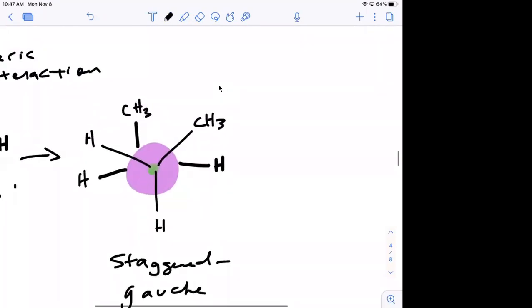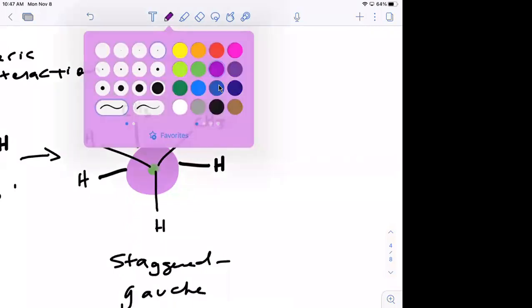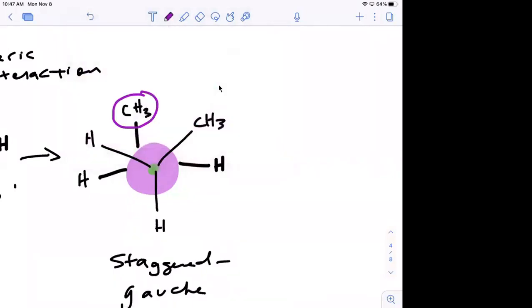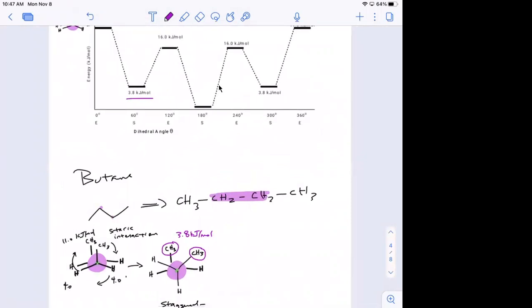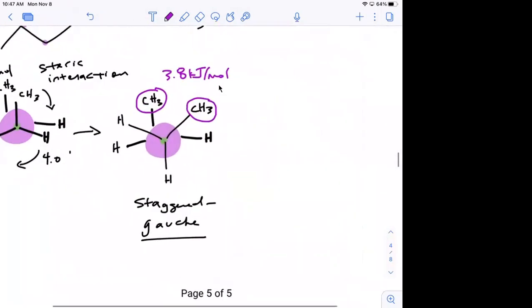Because these two groups, although they are 60 degrees to one another, they still have a little bit of an interaction because of their size. So the gauche interaction costs 3.8 kilojoules per mole. And that is the structure that is here at that point on the energy surface.